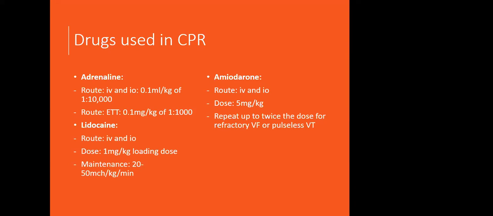Atrial fibrillation actually responds very well to amiodarone, and you can use both the intravenous and intraosseous route at the dose of 5 milligrams per kg. In cases of refractory ventricular fibrillation or pulseless ventricular tachycardia, you can repeat the dose of your amiodarone up to twice your initial dose.